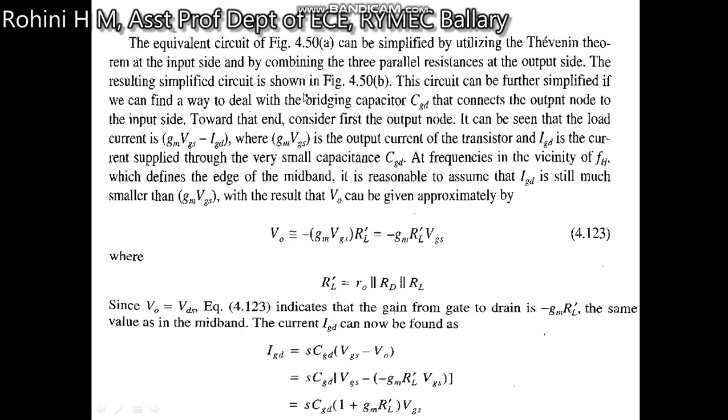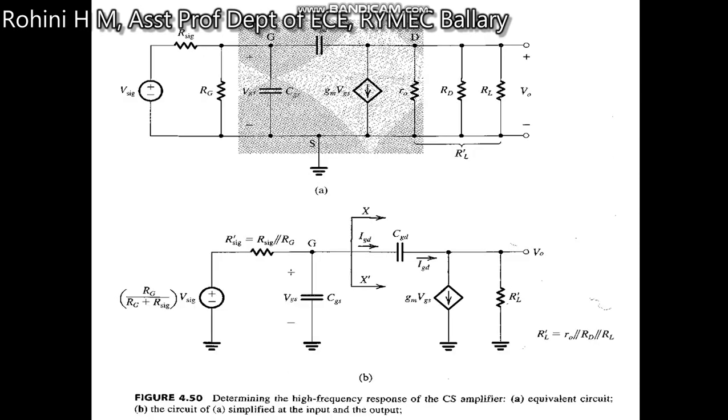This circuit can be further simplified. We can find a way to deal with the bridging capacitor CGD that connects the output node to the input side. Toward this end, consider first the output node. It can be seen that the load current is GM_VGS minus IGD.